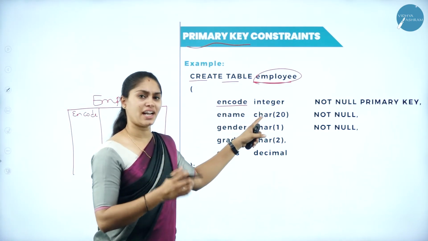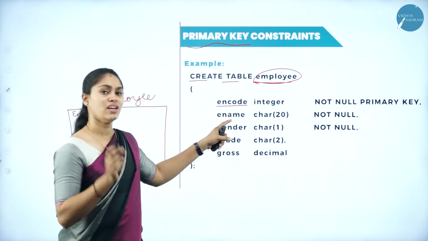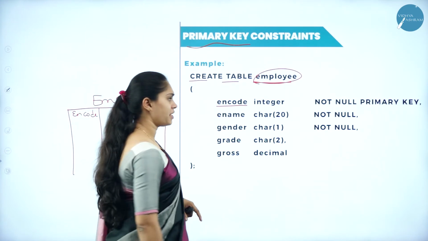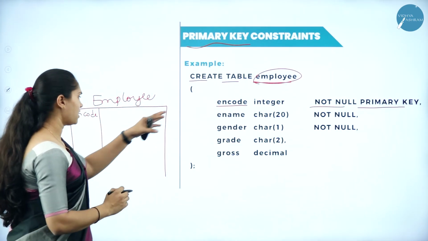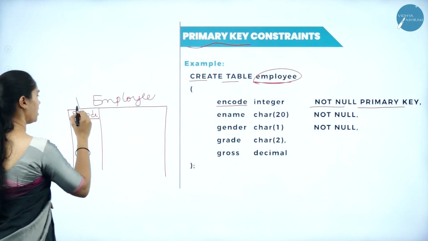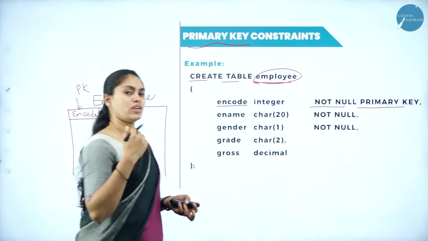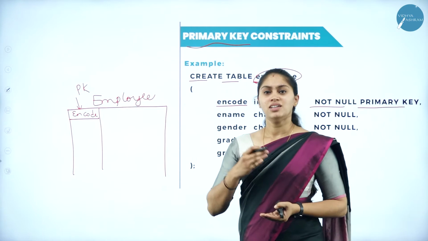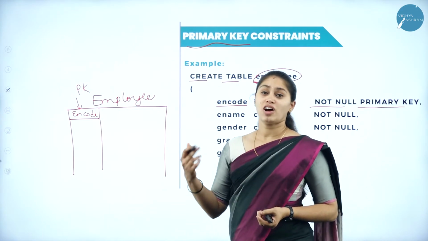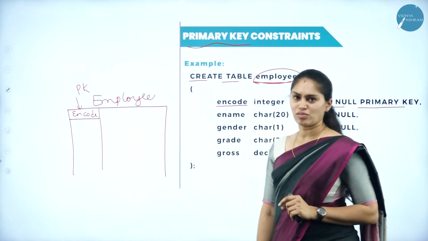So I am mentioning the data type of this ecode. If I want to give a value for this ecode, it must be an integer. Next, not null primary key. So I am making this ecode a primary key. That means whatever value I give for this ecode column should be unique in nature and it should not be null. I can't leave it blank. That is the main constraint you have to understand.